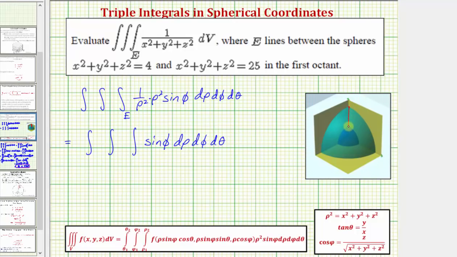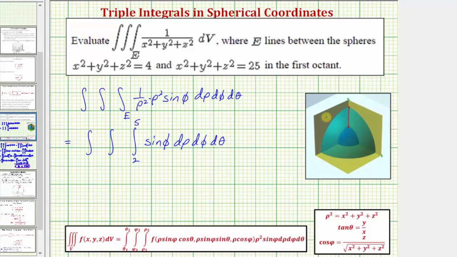Notice at this point, we would be 2 units from the origin because that's the radius of the smaller sphere. And at this point here, we'd be 5 units from the origin because 5 is the radius of the larger sphere. So if we recognize this, we now know the limits of integration for rho are from rho equals 2 to rho equals 5.